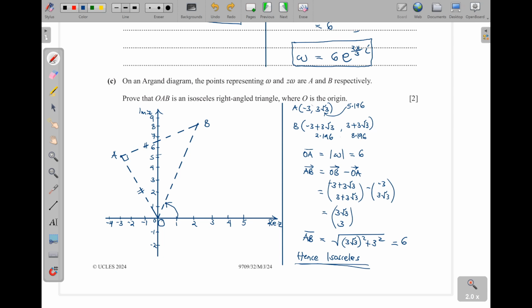That angle here is for Z omega. This is the argument for Z omega, sorry. And then from here to here, this one will be the argument for omega, because A represents omega.